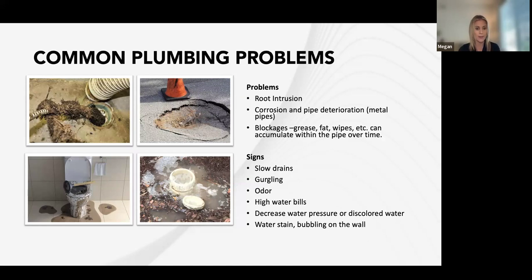Older buildings have a lot more buildup and corrosion, and over time they accumulate and cause different things like what you see on the left. Roots in the pipes, because the corrosion causes a chemical reaction with the metal and the water. It leaves that pipe more vulnerable to water seeping out, and that's where roots will get in.